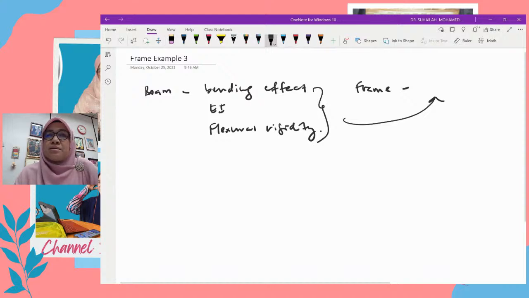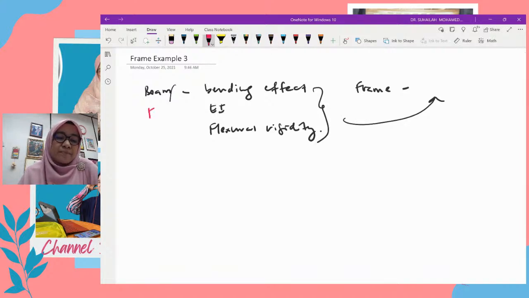But in many frame cases, we find it has the same analysis because the effect of EA in a frame can be neglected. So we can use the same analysis for beams and frames.